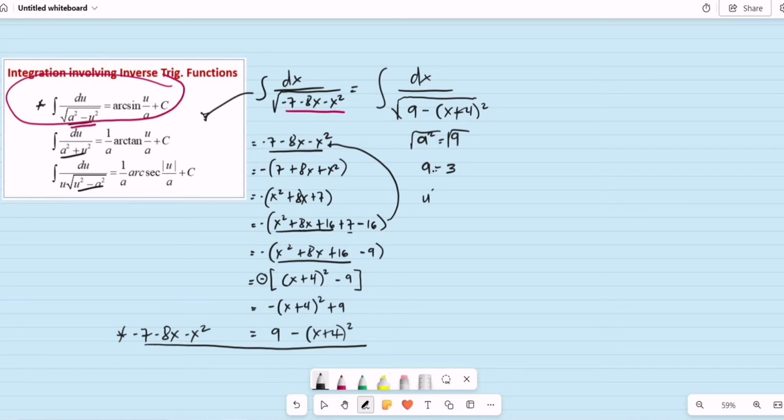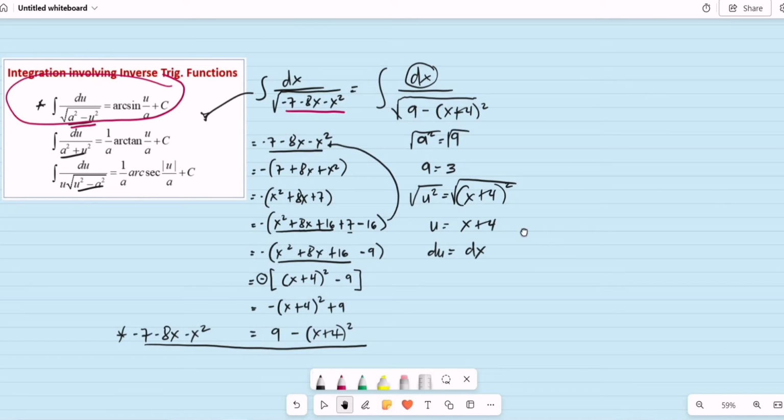What is the equivalent of u squared? It is equal to the quantity x plus 4 squared. Taking the square root of both sides, u is equal to x plus 4. If we take the first derivative, du is simply equal to dx, which is our numerator.